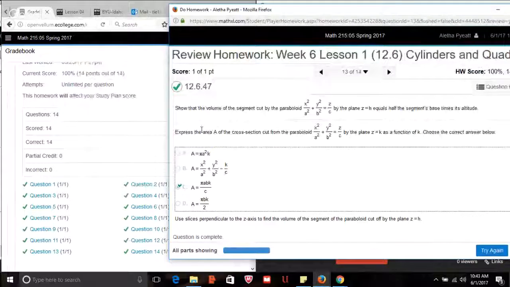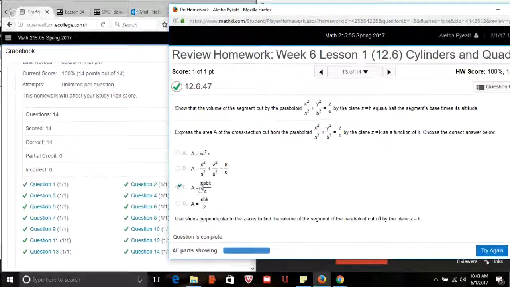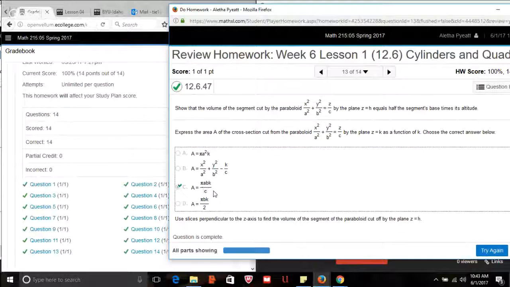Express the area of the cross section cut from the paraboloid, which is the same equation as the one we just did, by the plane z equals k, so it's just k instead of h even. So first it says the area is pi ab times k over c. Hmm, I wonder where the k over c comes from.